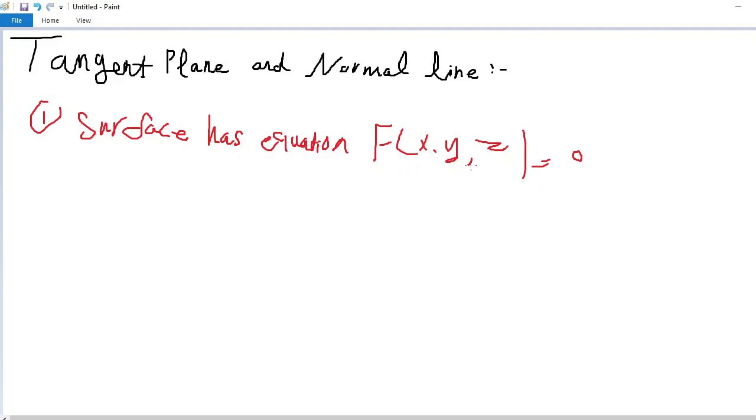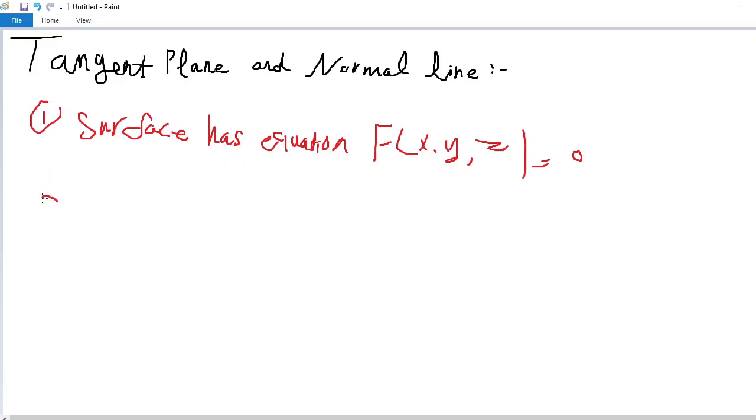So let me tell you the equation of the tangent plane to the surface. There is an equation that you need to know for the tangent plane to the surface.